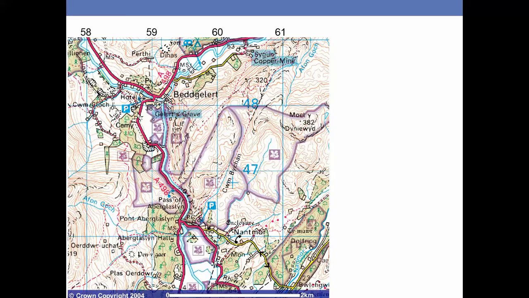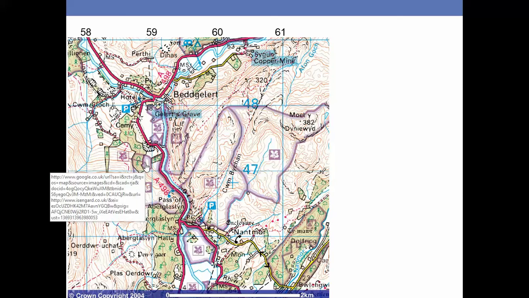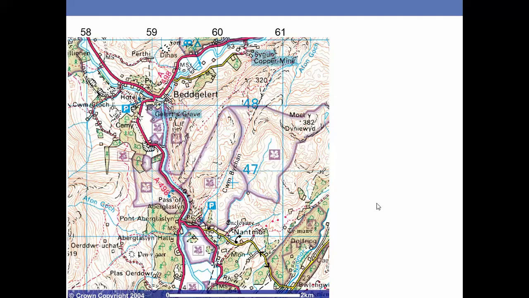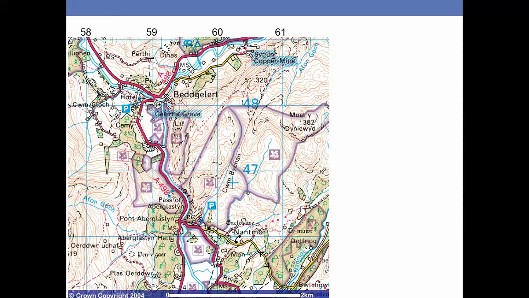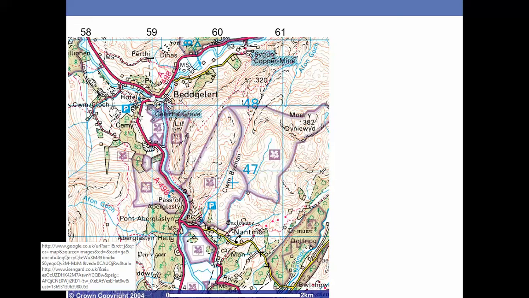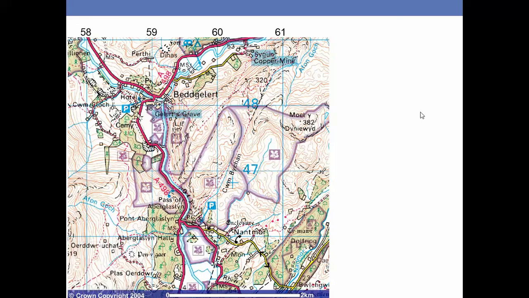The last thing which I want to talk about is finding distances. Now, the basic thing you need to remember is that each one of these boxes is a 1 kilometre square. So the blue marked out boxes are 1 kilometre square. Very often you will get asked to work out a distance to the nearest kilometre. So if I were asked to work out the distance between Pont Aberglaslyn, which is here, and then Beddgelert, which is up here, what you would end up saying is that it's 2 kilometres to the nearest kilometre.